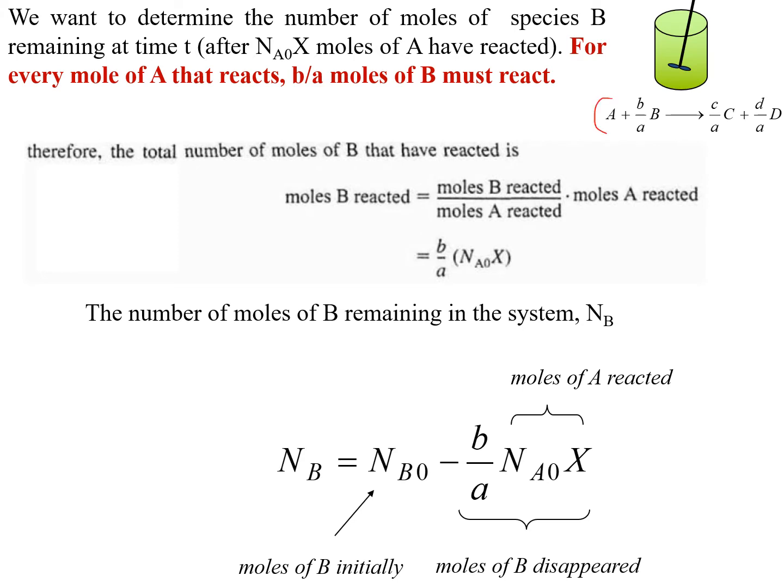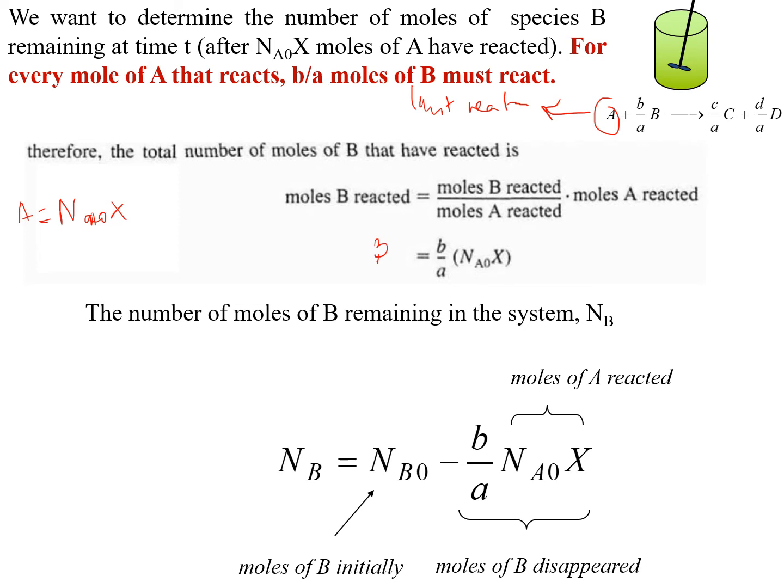Remember, A is the limiting reactant, so this will be used as a baseline. The moles of A reacted is Na naught X, and the moles of B reacted is B over A times Na naught X.